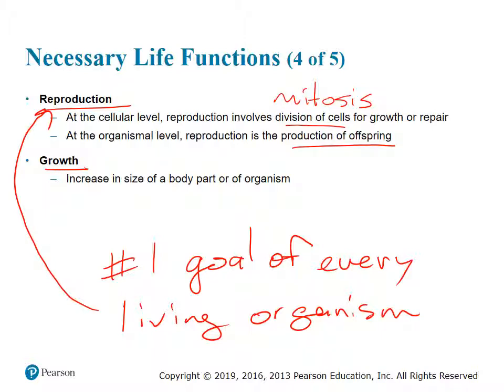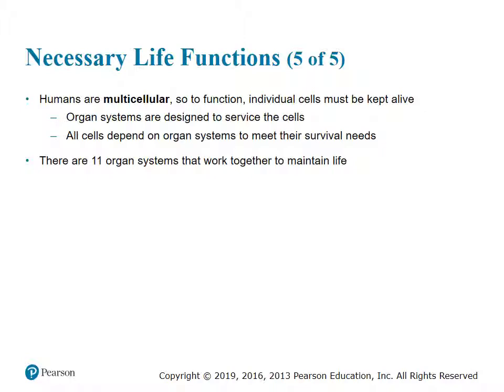Okay, so those are the life conditions that need to be met, again, for a living organism. And again, this is just basics, right, for right now. So let's talk about this, right?